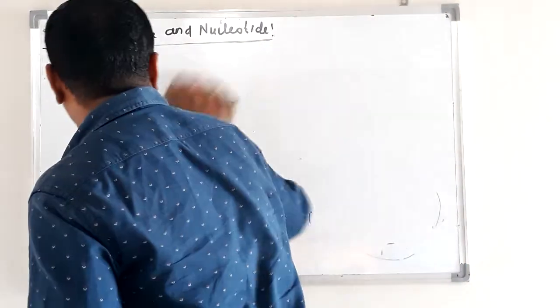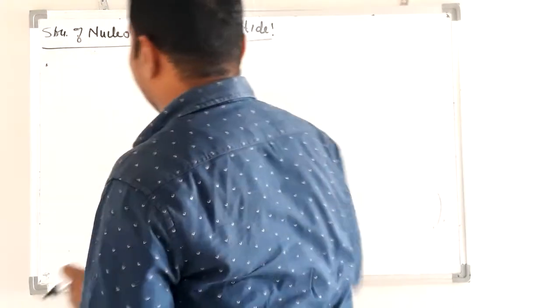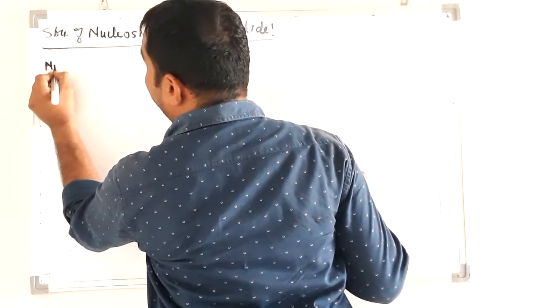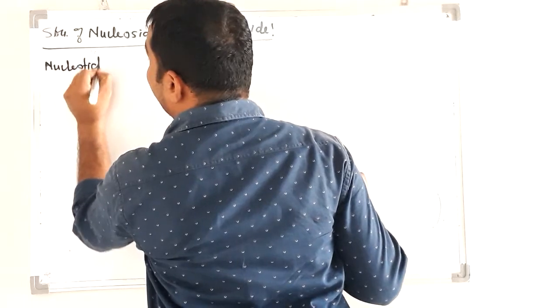Nucleotide is nothing but a combination of phosphate, sugar and base.